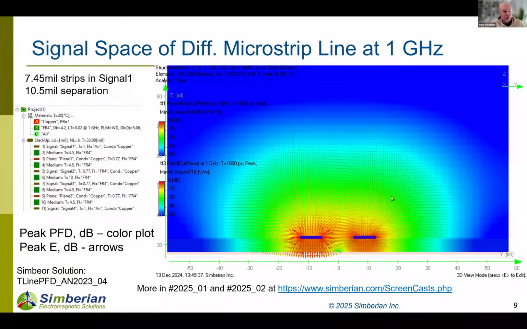Again, if you switch to differential, we can see pretty much the same picture. It is usually assumed that differential has more localization. Yes, we have more localization in the area of air below the traces, but we can also see that the field spreads in the air.